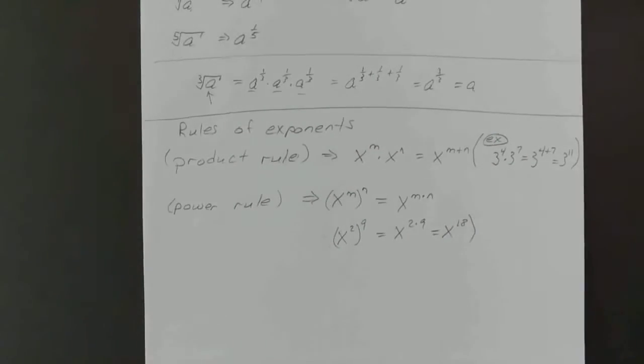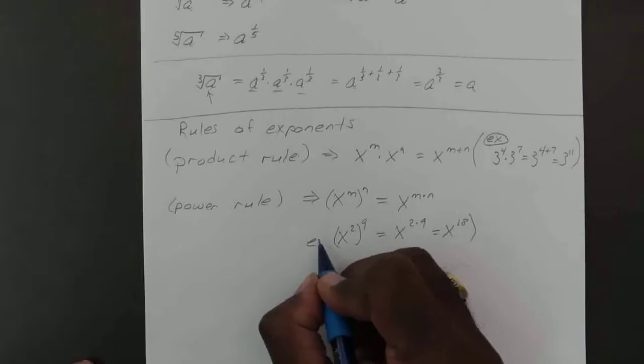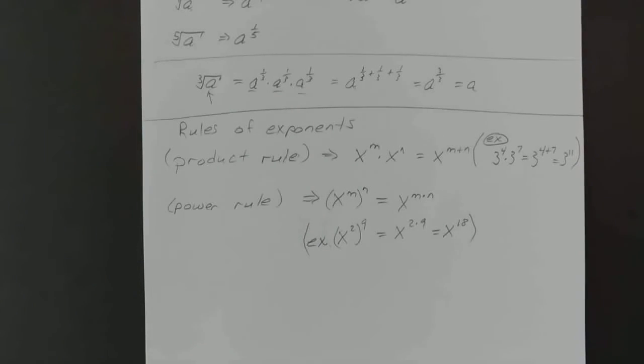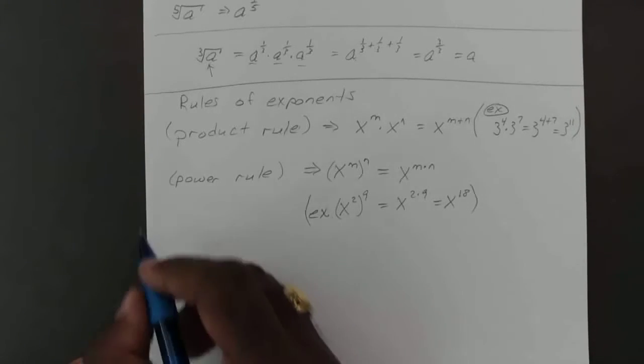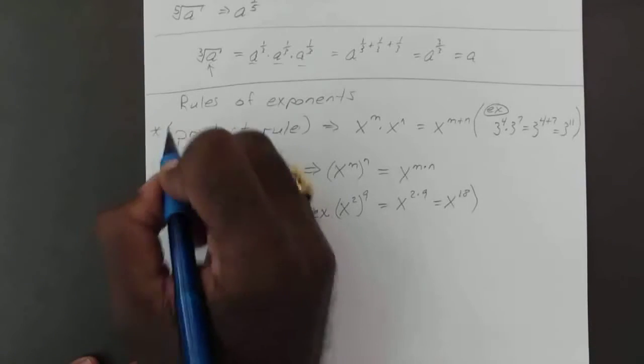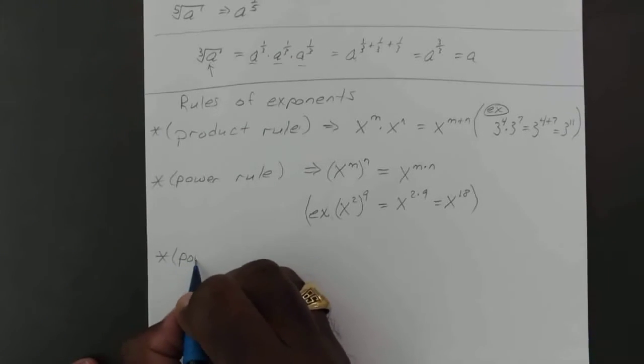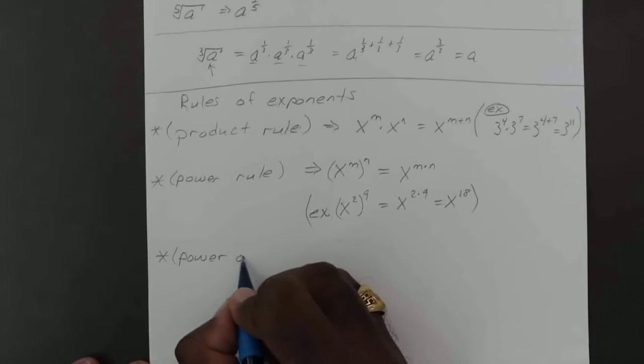So sometimes it's a little easier to visualize it with actual numbers. Okay, so now we have our quotient rule, or power of a product rule, we'll do that one next. Then we'll go to the quotient rule.